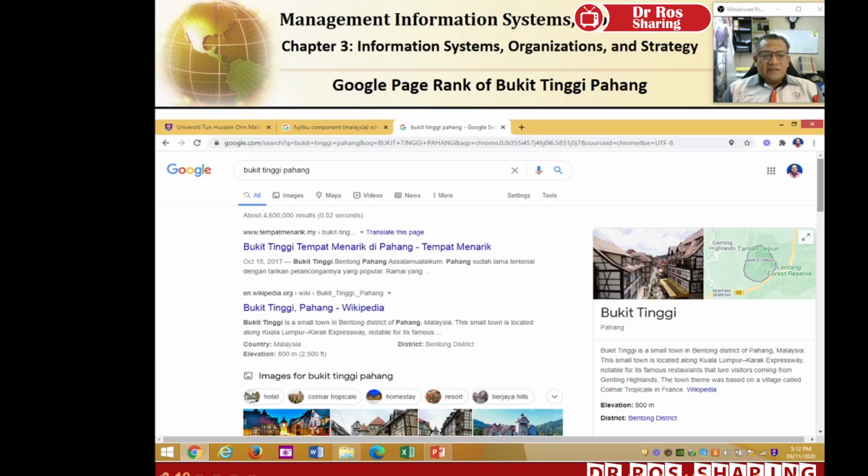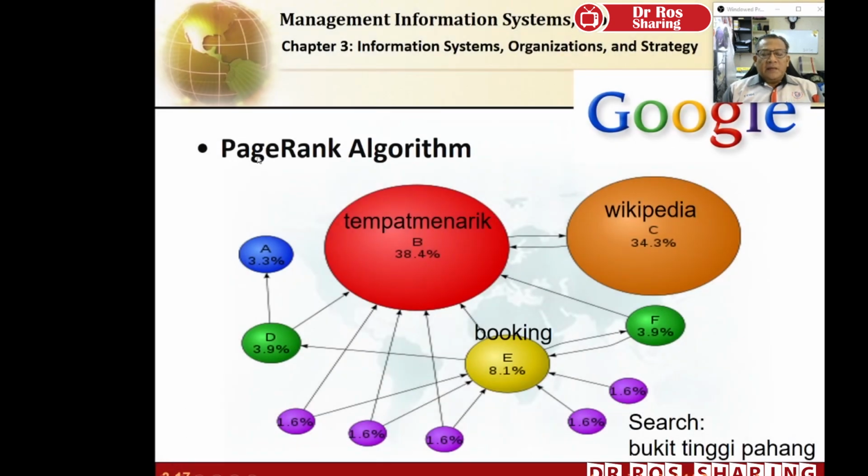So when you search a certain phrase, the page rank algorithm will search for the websites that visitors have hit the most. For example, the tempat menarik website is 34.4%. That's why it is ranked first in the listing of found websites.